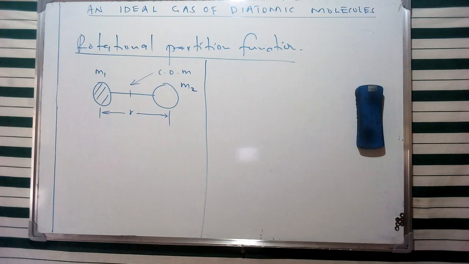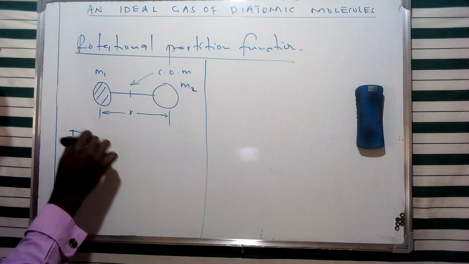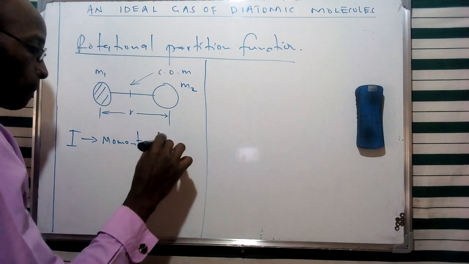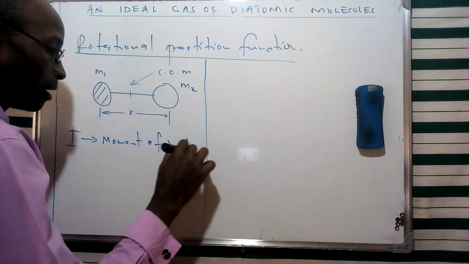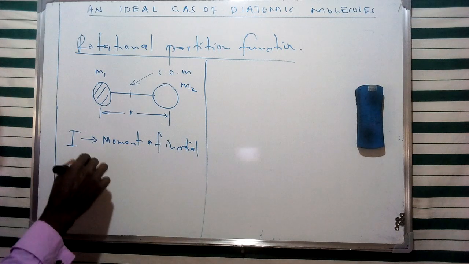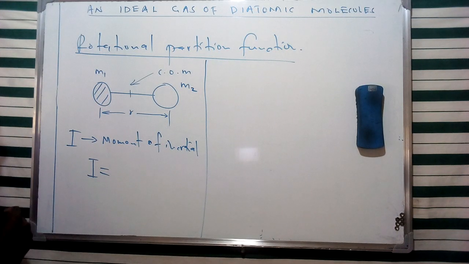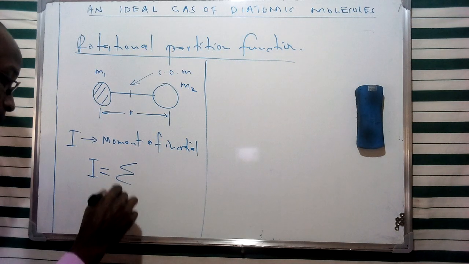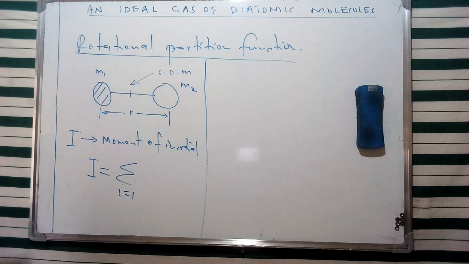From our mechanics, the moment of inertia is given as I. So to describe the moment of inertia of this heteronuclear diatomic molecule, we're going to consider the summation of the components of the masses which we have given.